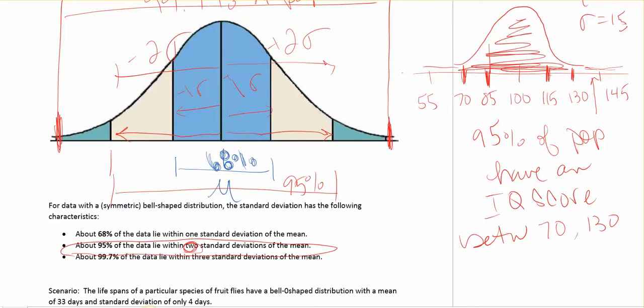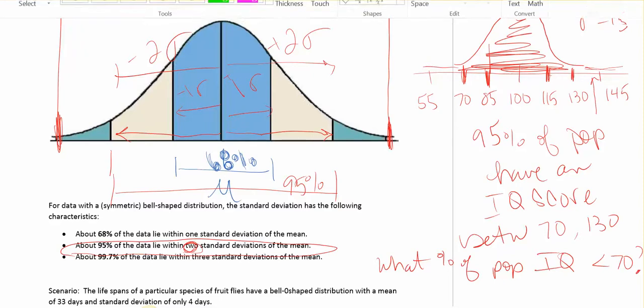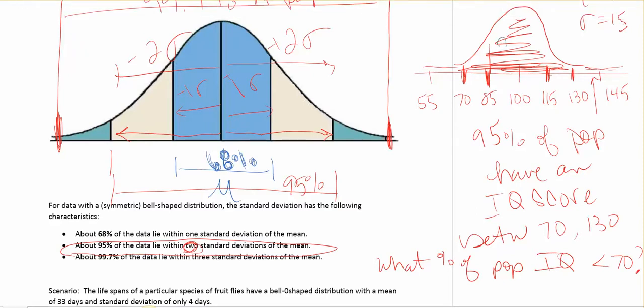So my question now would be, what percent of the population has an IQ that's less than 70? Well, you already know that 95% is from here to here, right? This is representing 95%. The total is 100%. So that leaves a total of 5% for this space and this space, for the rest of the population.